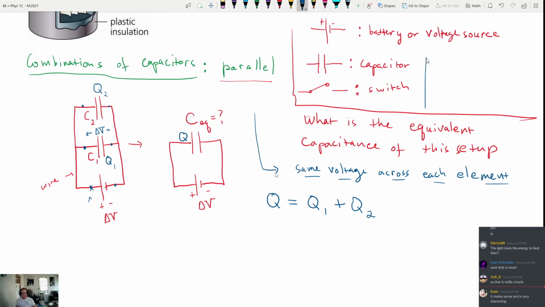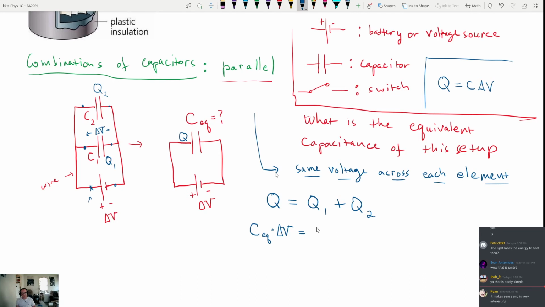Then we can use our equation. The equation is Q equals C times V, right? So instead of Q right here, I can write the equivalent capacitance, CEQ, times delta V, which is the potential difference across its plates.